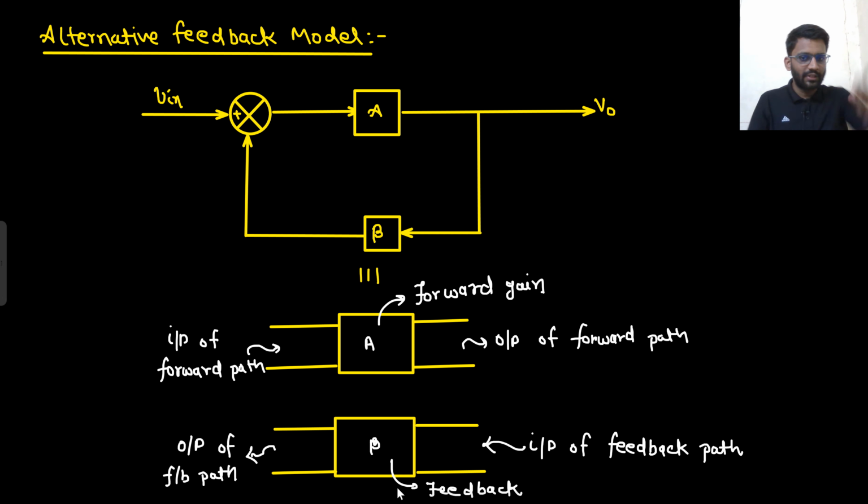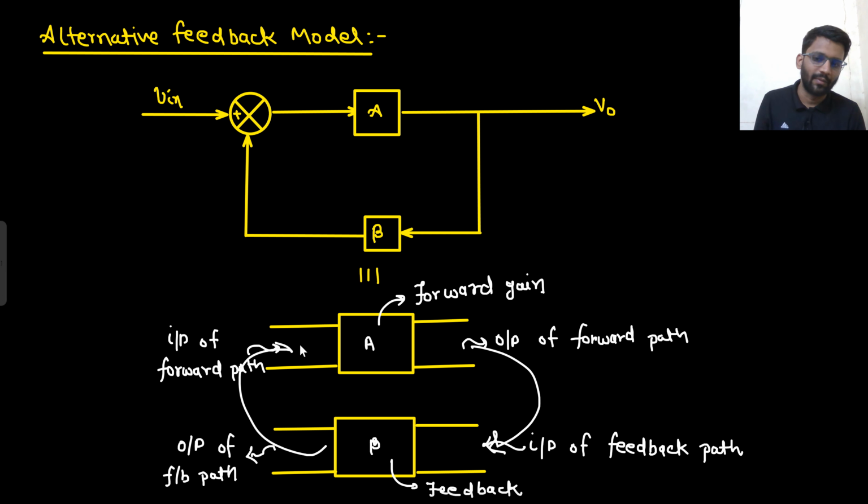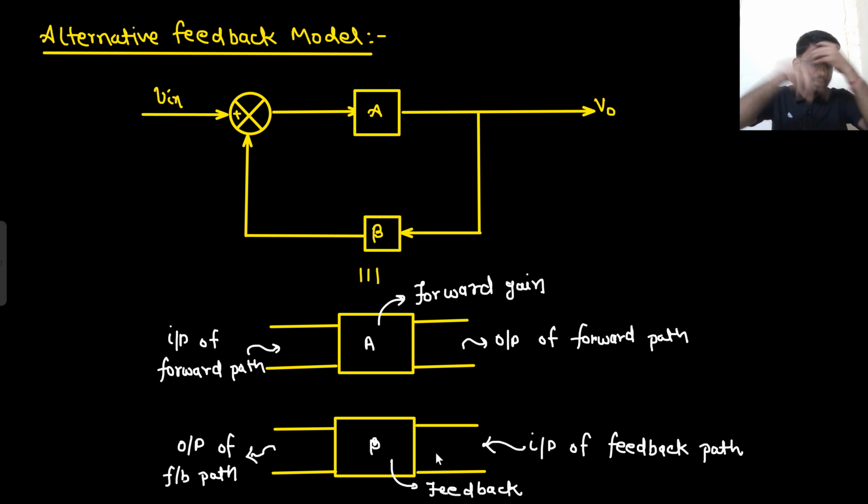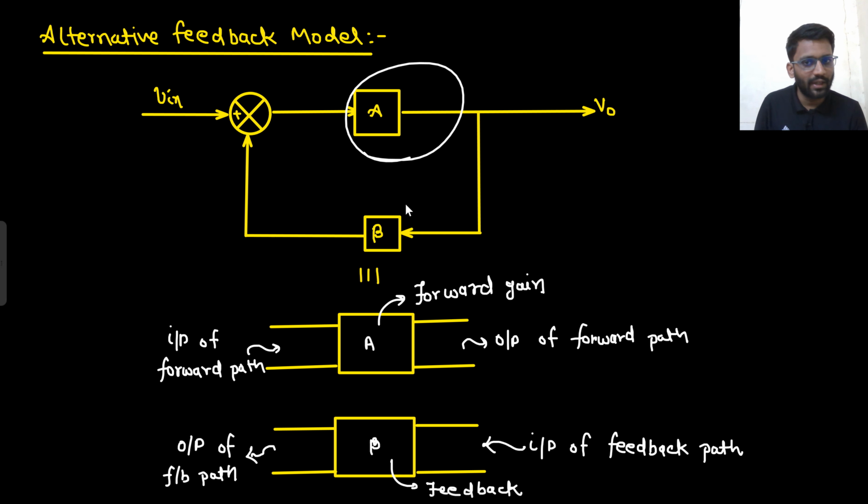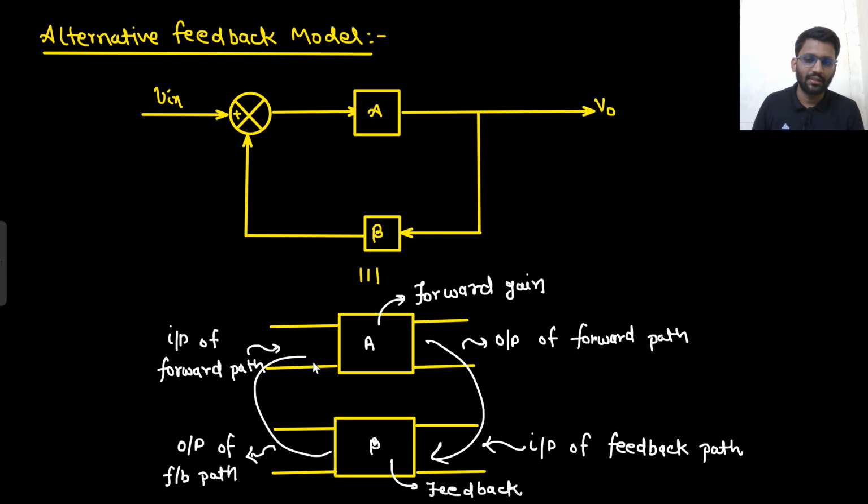Some portion of output is coming, that is being multiplied with the factor beta and being fed back to the input. That's it. So this is the alternative way. This is how we can show it. We can show it in the block diagram as well, but when there are two ports, we show it like this. Some portion is coming, some portion going out.